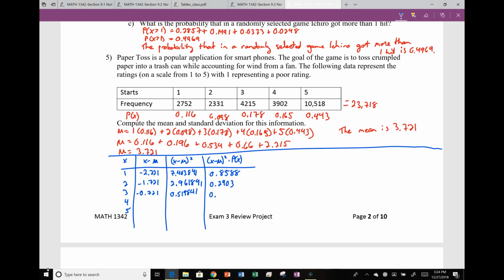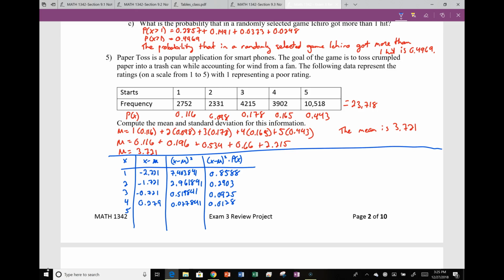So we get 0.0925. 4 minus 3.721 is going to give me a positive 0.279. Positive 0.279 squared will give me a 0.077841. We're going to take that 0.077841 times its probability of 0.165, which will give me a 0.0128.